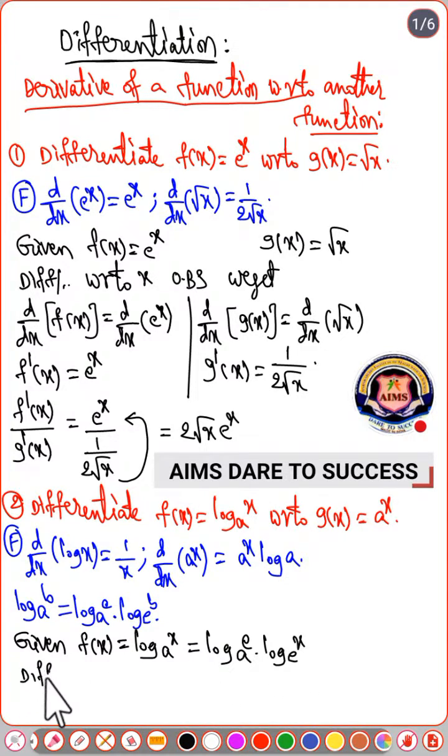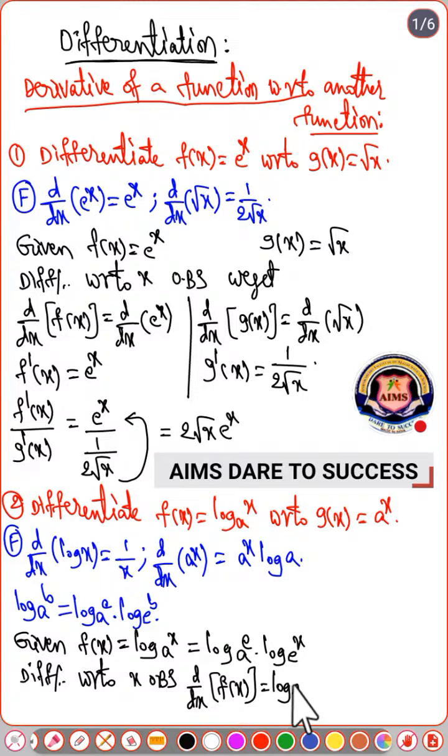Okay, so differentiating with respect to x on both sides, we get d by dx of f of x is equal to log a base e, which is a constant, so write it outside, into d by dx of log x base e. Here log x base e means log x only.